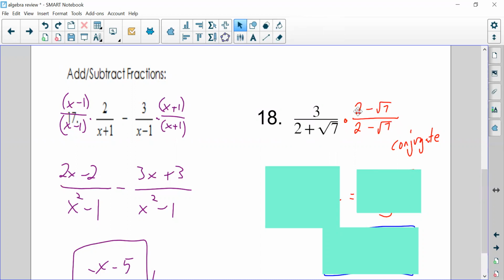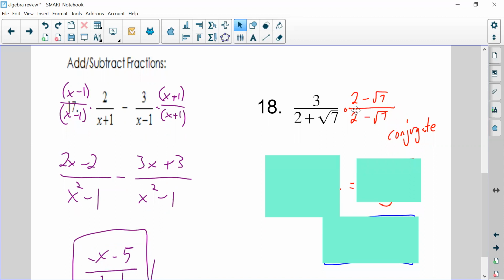And realize, what does this red value equal? 2 minus rad 7 divided by 2 minus rad 7. What does that equal? That equals 1. So I'm taking this ugly black number times 1, and that doesn't change the value. And sorry for hurting this number's feelings. This is a very beautiful number.